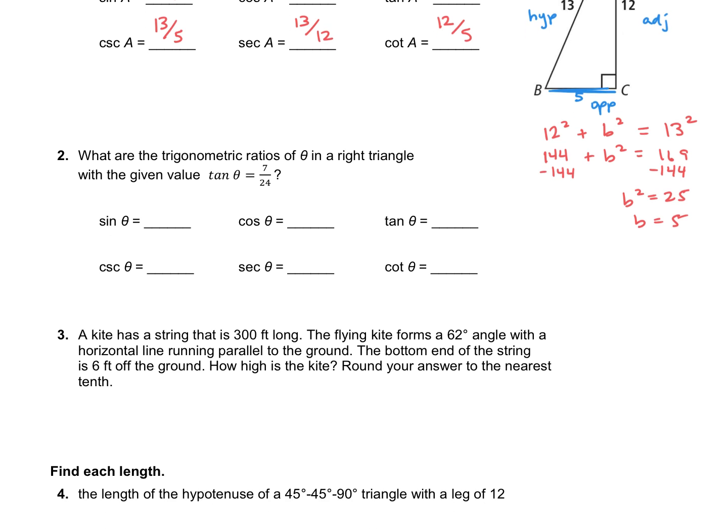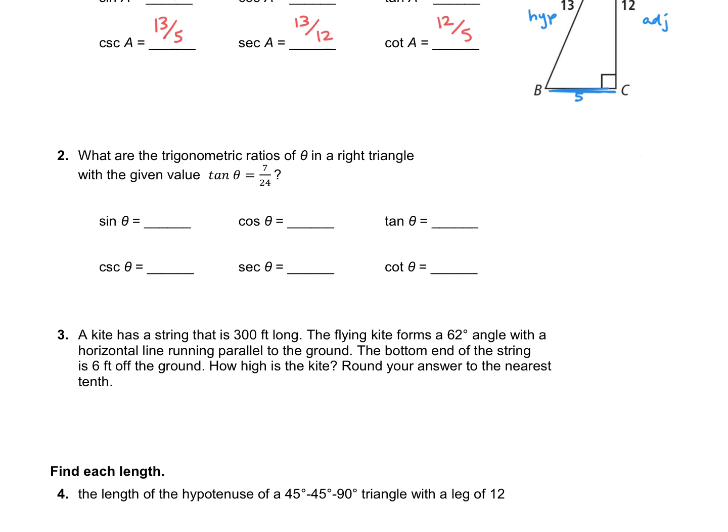All right, moving on to number 2. What are the trig ratios of theta in a right triangle with the given value tangent of theta is equal to 7 over 24? All right, just to save room, I am going to erase this because I want to draw this out.